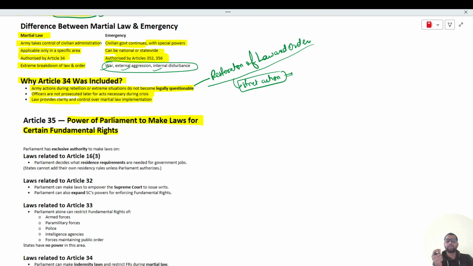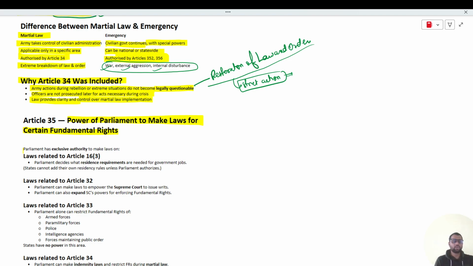There is freedom of speech and expression, freedom of trade and business and all that. But for some fundamental rights, there needs to be a law, such as the protection of the right against exploitation: prohibition of human trafficking, prohibition of child labor, prohibition of untouchability. For all these fundamental rights to get enforced, you have to make a law. And who is authorized to make law for anything related to Part Three? That is Parliament.